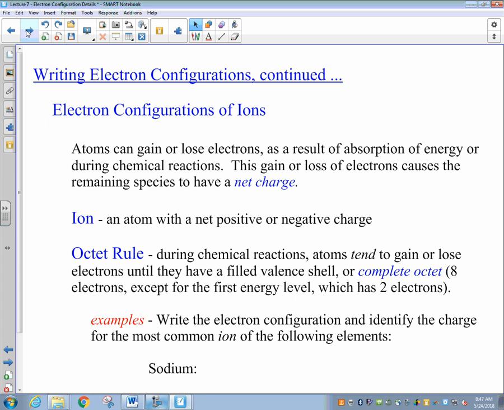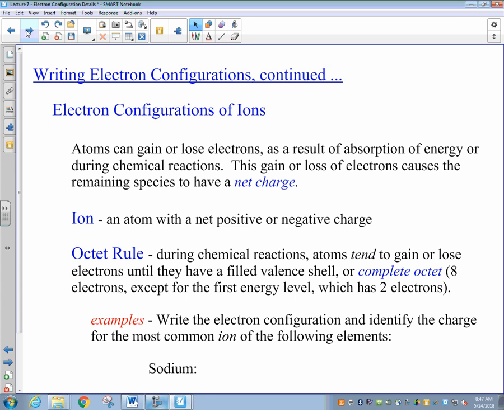Last topic of conversation for this lecture is to determine the electron configuration of an ion. If you remember from our discussions earlier, we've talked about the existence of ions as being species which have a net charge.